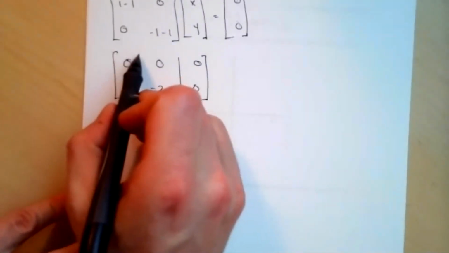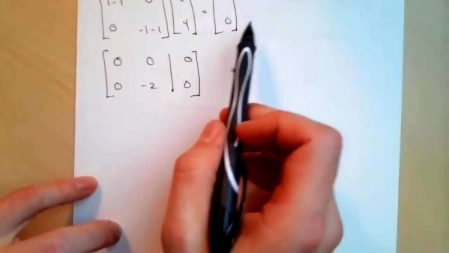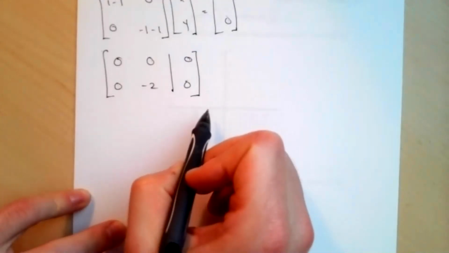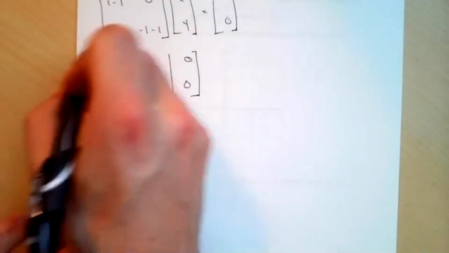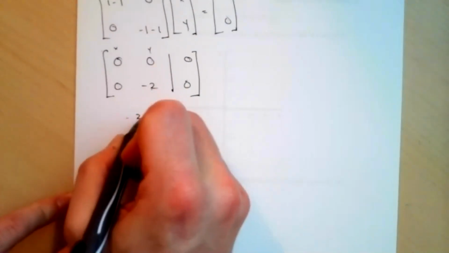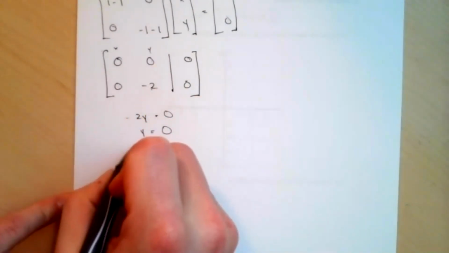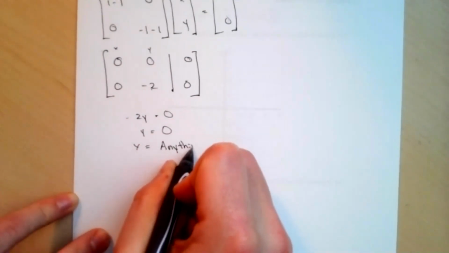So we get the top row of zeros, and our bottom row essentially says, remember, this is our x and this is our y, so the bottom row says minus 2y equals 0. So our y has to be 0. X can be anything.